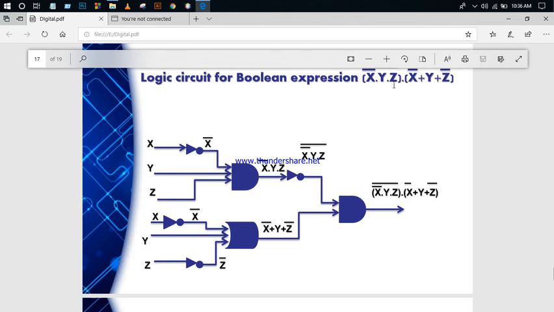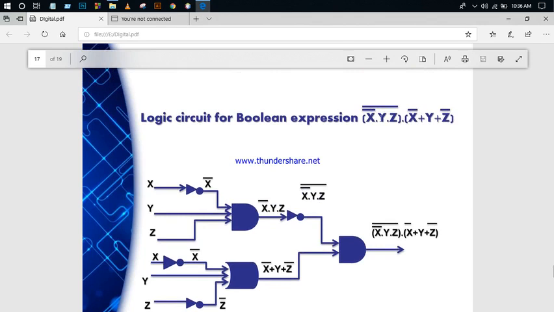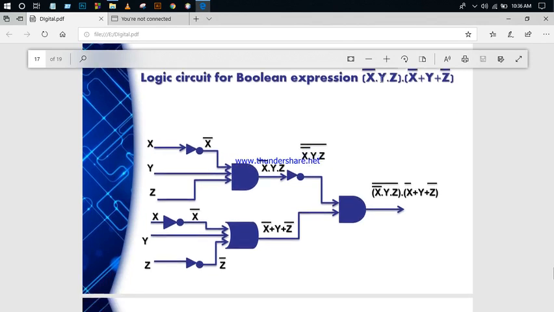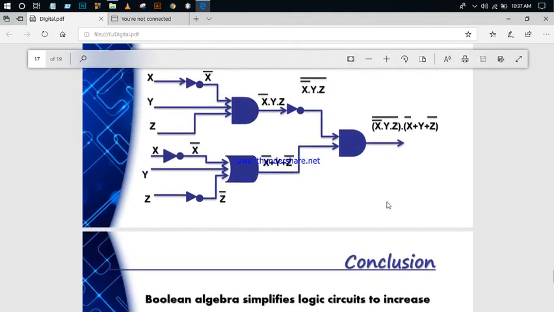There is the dot, x y, something like a dot operator, x bar y dot z, and x bar y z bar is the add of x plus y plus z. The two functions are the same.